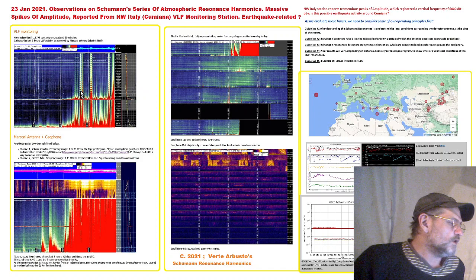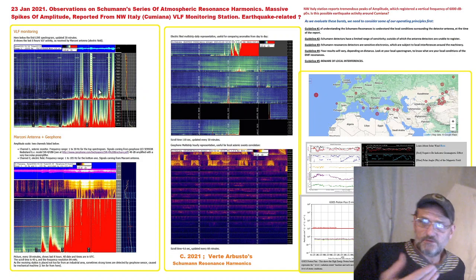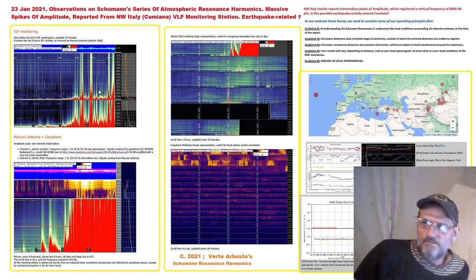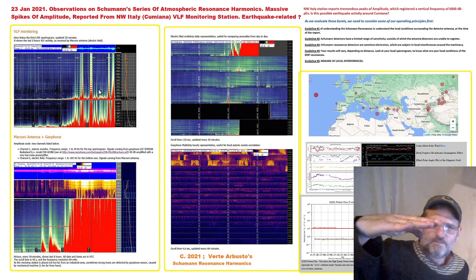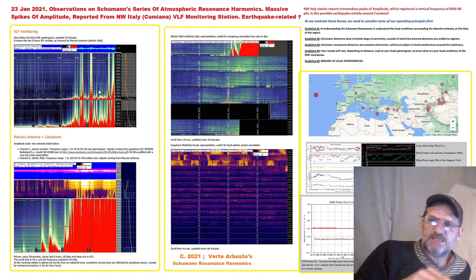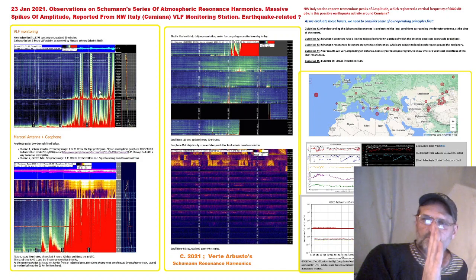Okay, so what you're looking at here is the wave. It goes in and out like this, like a fish, sort of. The horizontal goes like that. That's the magnetics. The electrics, the vertical, goes like that.